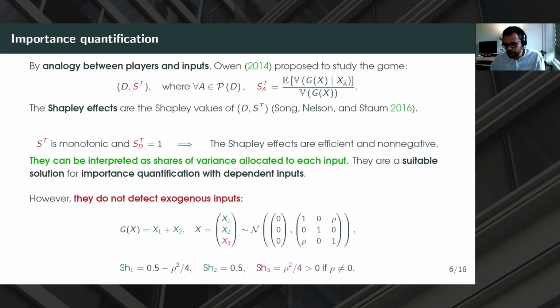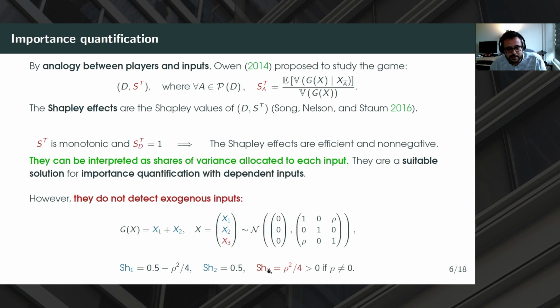However, the first thing that we encountered is that there's a drawback. This drawback is that those effects, those indices, do not detect exogenous inputs. By exogenous, I mean an input that is not in the model. For instance, for this little experiment, say g of x is equal to x1 plus x2, but I consider three inputs, with an additional one, x3, which is exogenous, it's not in the model, where x3 is correlated with x1, so all of them follow a multivariate normal distribution.